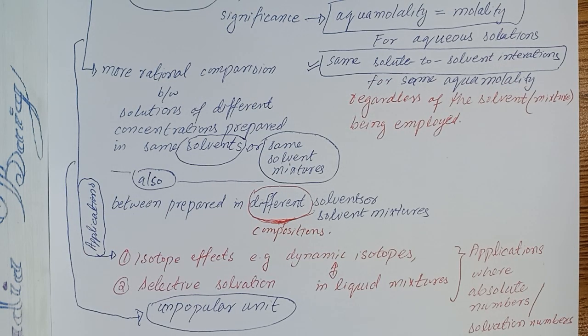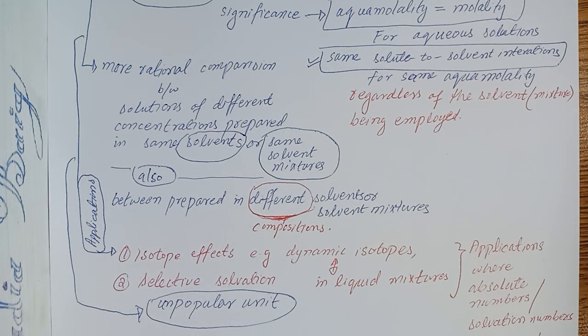However, aquamolality could neither become a popular concentration scale nor has it received due appreciation from the researchers. In spite of its significance, the present contribution is an attempt to highlight the importance and significance of aquamolality in general in this lecture.